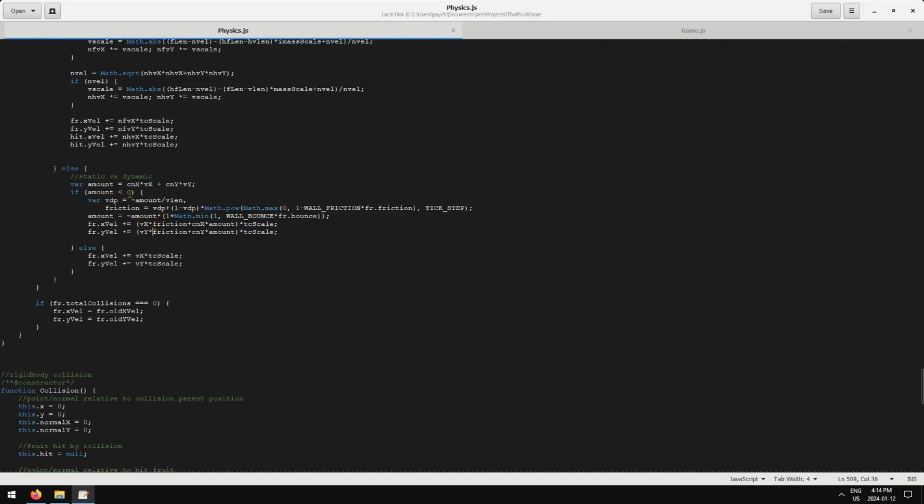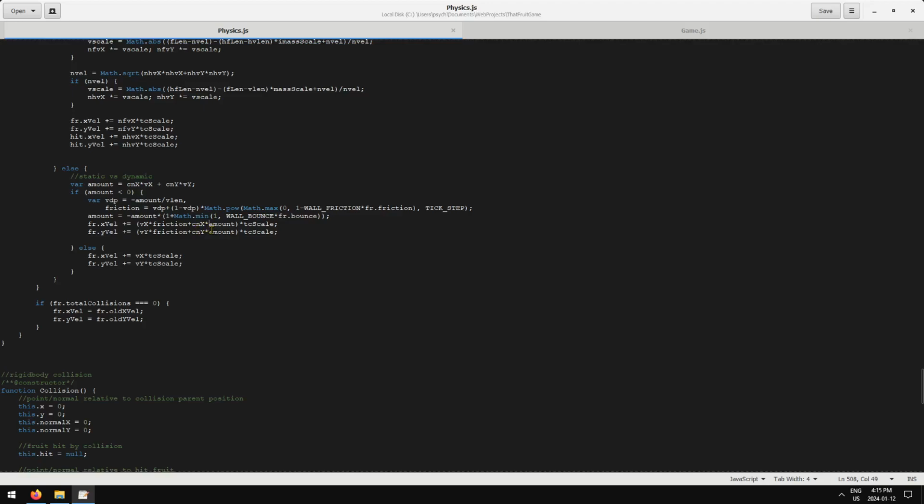And anyways, when this is positive or flipped to the other sign, these math calculations don't work properly unless you flip it to the absolute value. This amount though is scaled by the velocity length, which we want for calculating it here because we're going to add it back to the velocity multiplied by the normal.